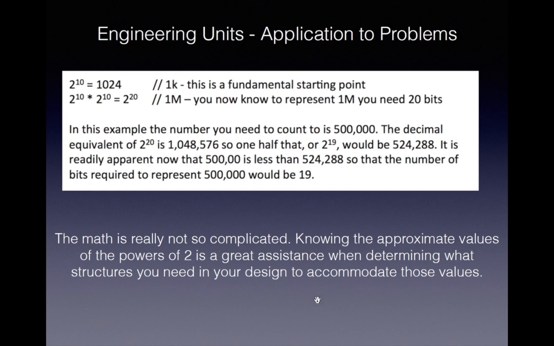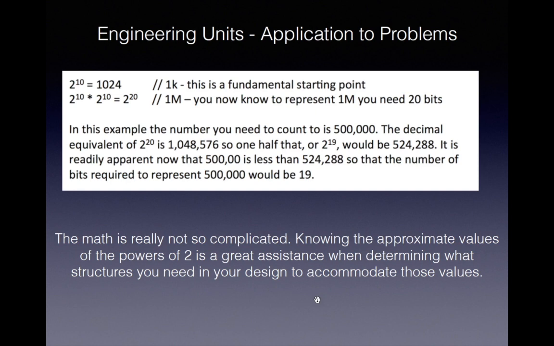And this is just a note. 2 to the 10th is 1K, 1024. 2 to the 20th is 1K times 1K, which is a million. You should know that. And so if you have a number 500,000, you should know, oh, that's a little less than a million, half a million. And since I know that a million in binary equivalence is really more than 1000, I'm fine.